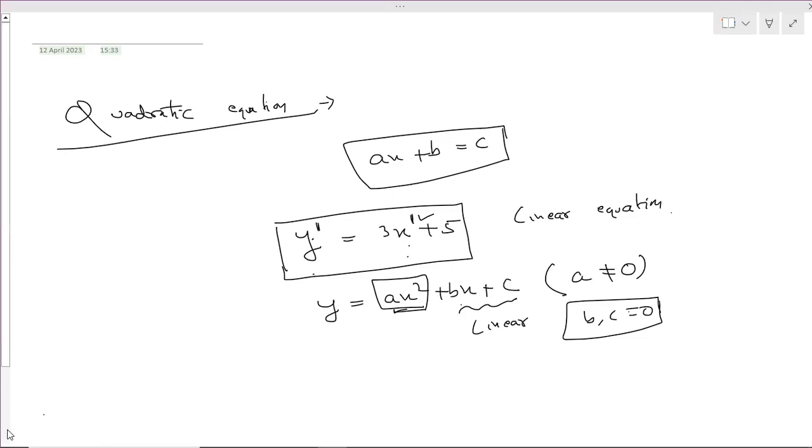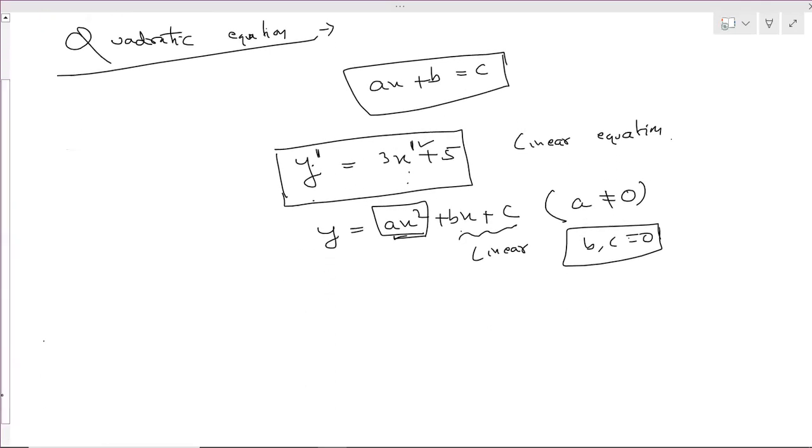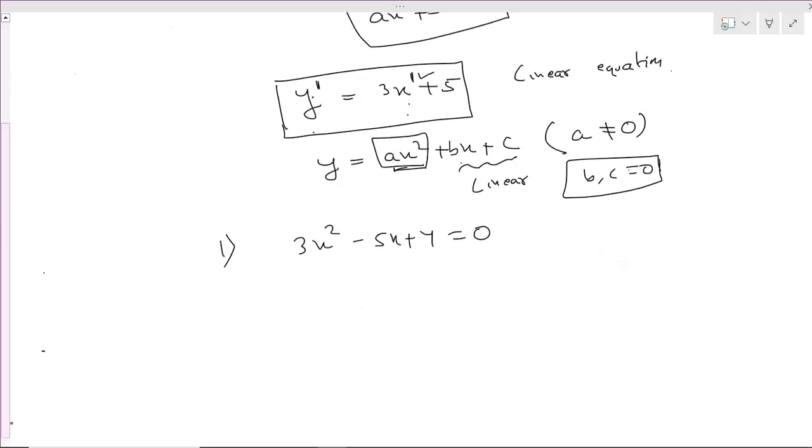For an example, if I write 3x square minus 5x plus 4 equals 0, is it a quadratic equation? Yes.